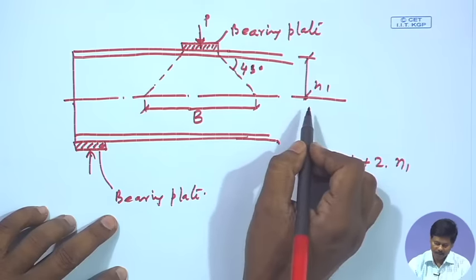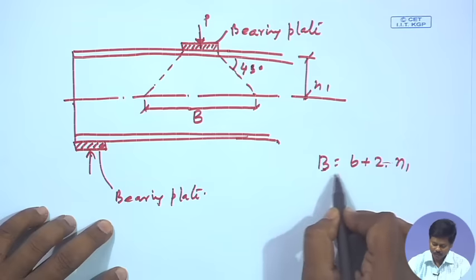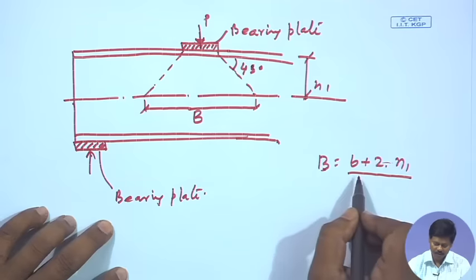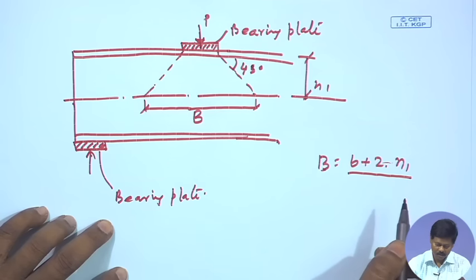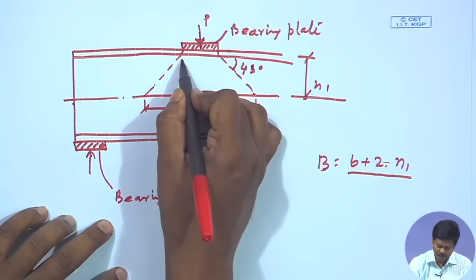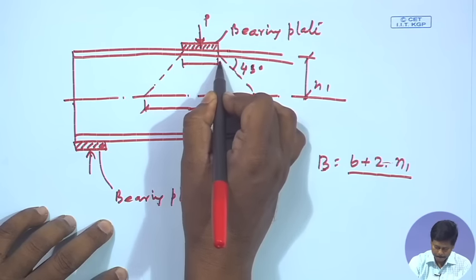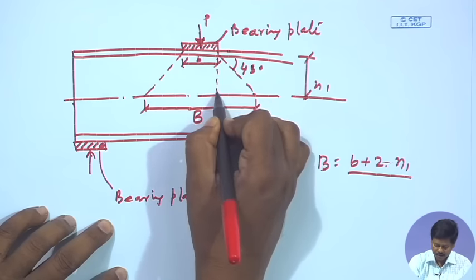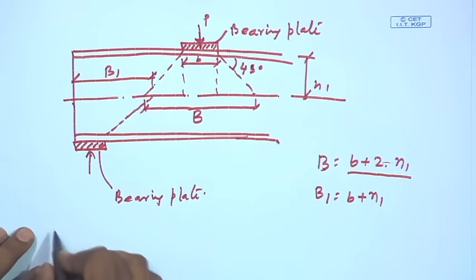So, we can find out B as b plus 2 n1, where small b is the bearing length. This is small b, right. So, this is n1. So, b plus 2 n1, right. And in this case, if I consider this as B1, then at the support B1 will be simply b plus n1, right.